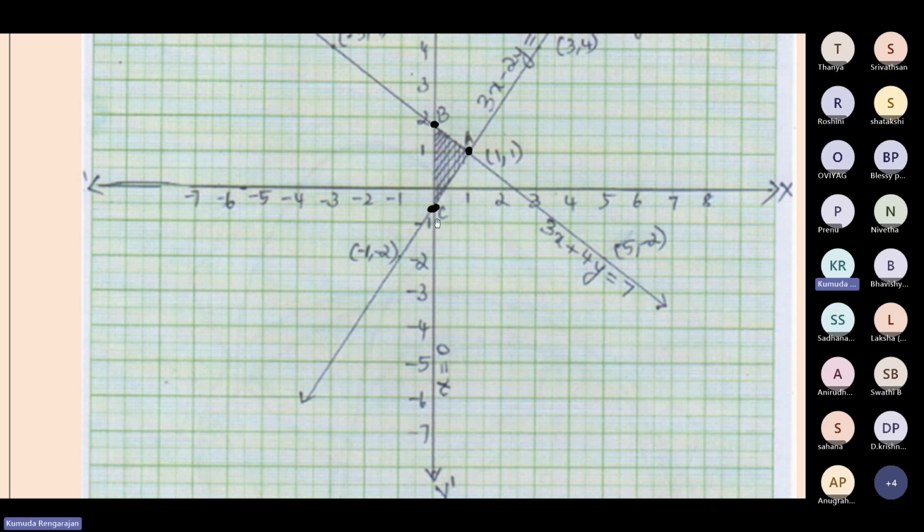So it is minus 0.5. This point is 0, minus 0.5. I've marked the vertices as A, B, and C. Vertex A, 1, 1. Vertex B, 0, 2. Vertex C, 0, minus 0.5.